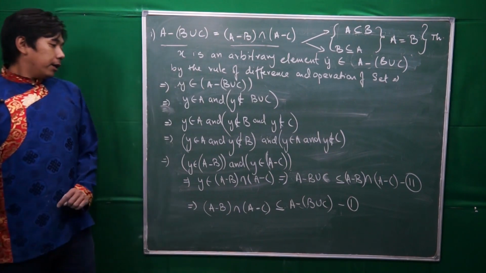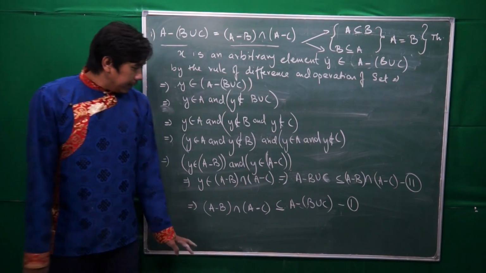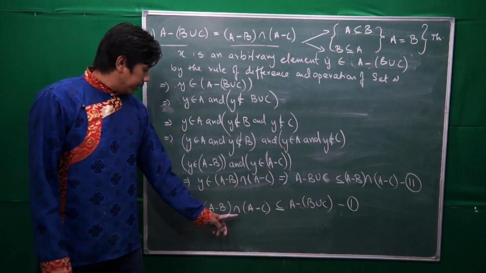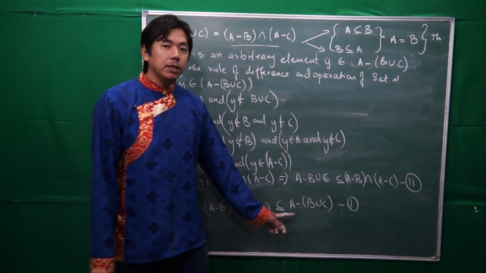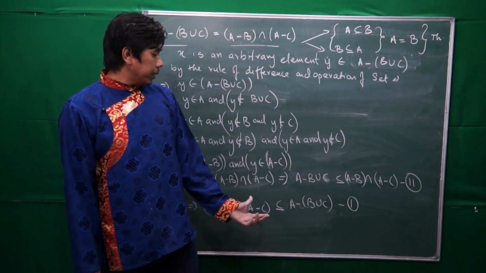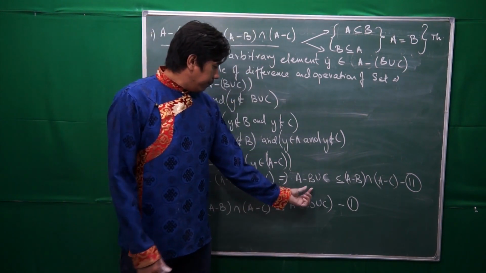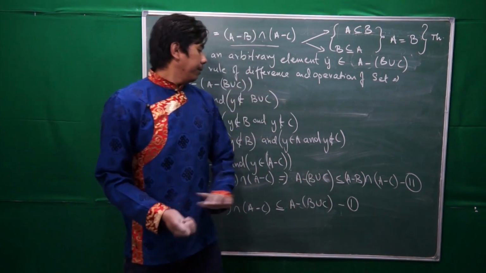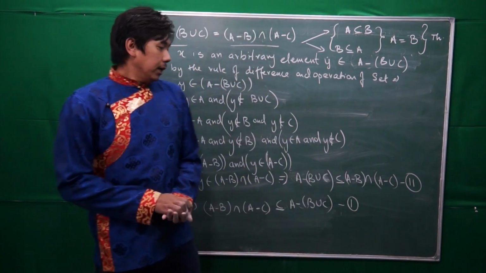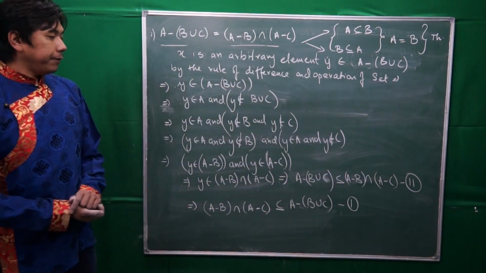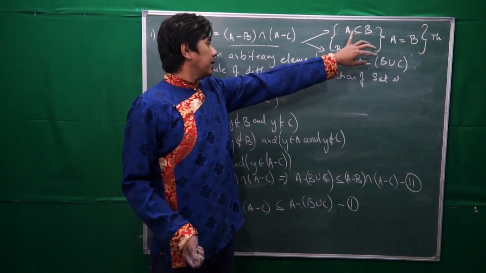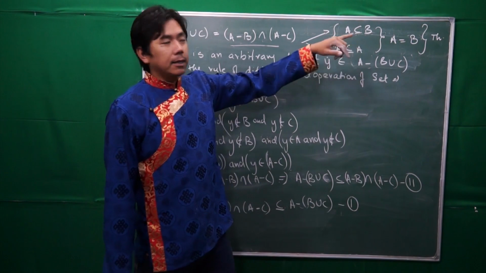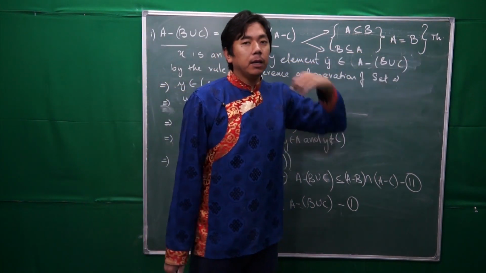Clear? Now we can see clearly that from equation number 1, what has been proved is (A minus B) intersection (A minus C) is a subset of A minus (B union C). And from equation number 2, we reciprocate it: A minus (B union C) is a subset of (A minus B) intersection (A minus C). So these two equations are enough, and then by using this theorem that states that if A is a subset of B and B is a subset of A, this implies that set A and set B are equal.